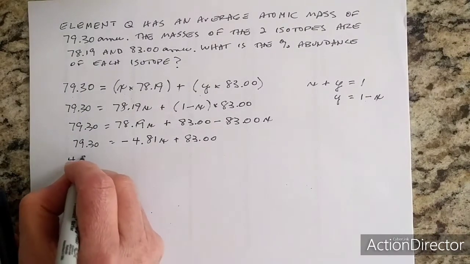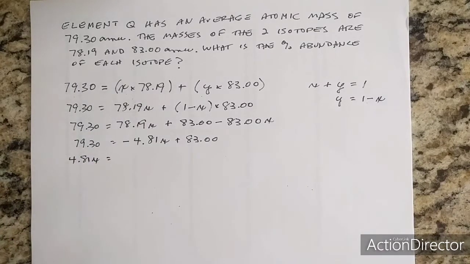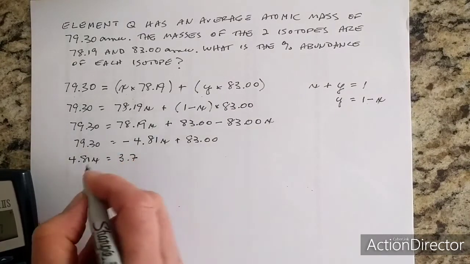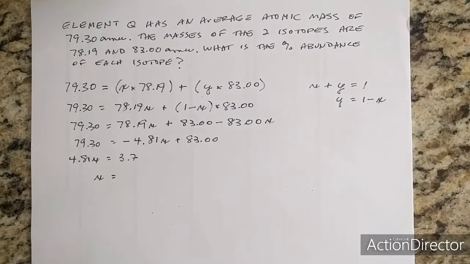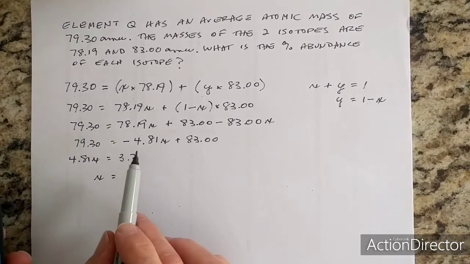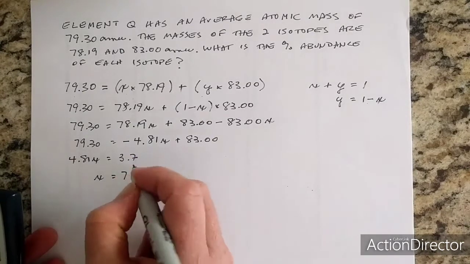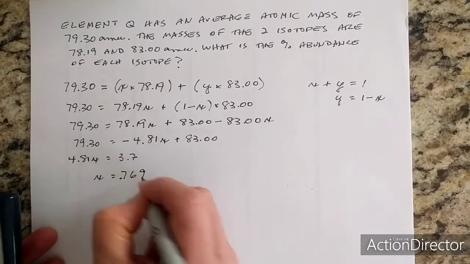So I get 4.81X equals 83 minus 79.3 equals 3.7. So X equals 3.7 divided by 4.81 equals, and let's see, I don't know how many sig figs, so we'll just go with 0.76923.